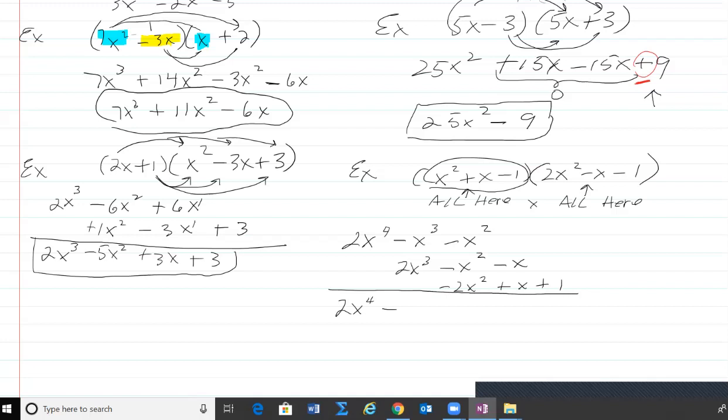So now I have this, which is just an x cubed. This one is minus 4 of those x squareds, and this x, negative x cancel, and this 1 just kind of hangs in here. So that would be my final result then. Okay, so that's about as bad as things are going to get in that section.